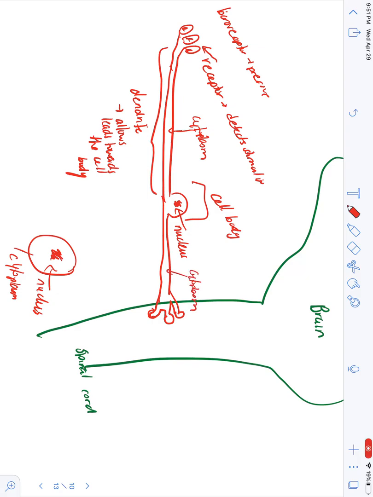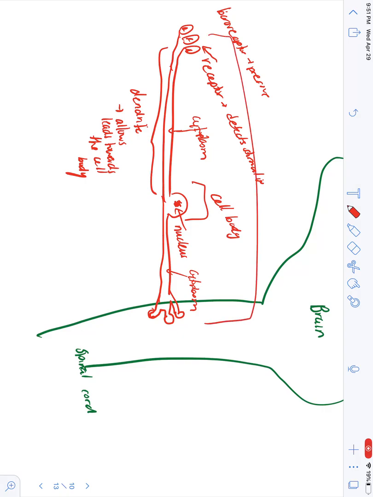It's like a long, funny-looking cell with arms on either end of it, but it's still a single cell. This single cell is called a sensory neuron, and sensory neurons detect sensation, and they belong to the somatic division of our nervous system, which we talked about last lesson.